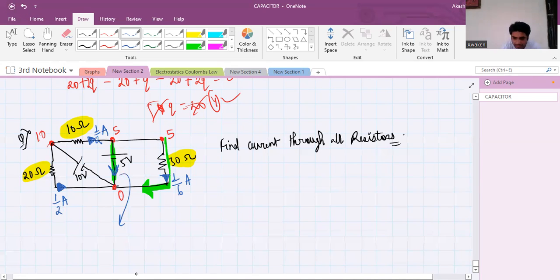Tell me the current in that branch. Will that be 0? Why will that be so? Think and tell me. Will it be 1/-2 ampere? No, don't guess, use logic.